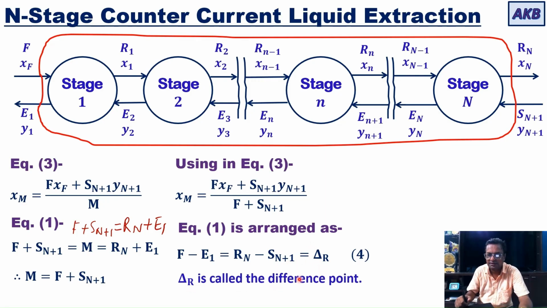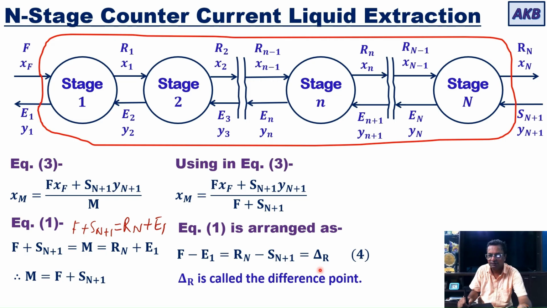So delta R in this case is called the difference point. It is called the difference point because it gives the difference in flow rates at the respective ends. For example, F minus E1 is the net flow rate in the right direction. Similarly, Rn minus Sn plus 1 gives the net flow out of the cascade.